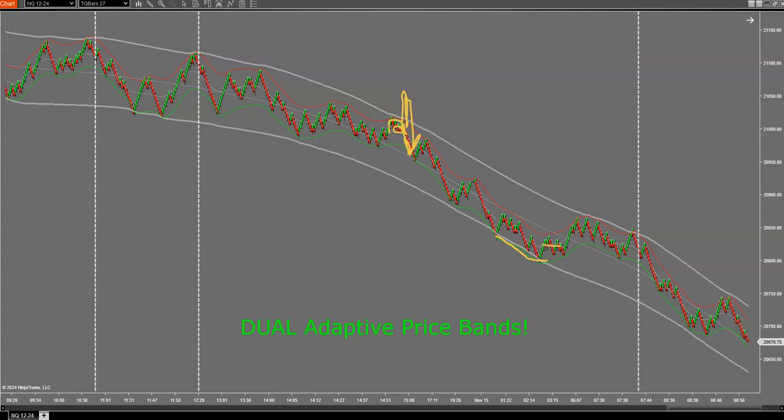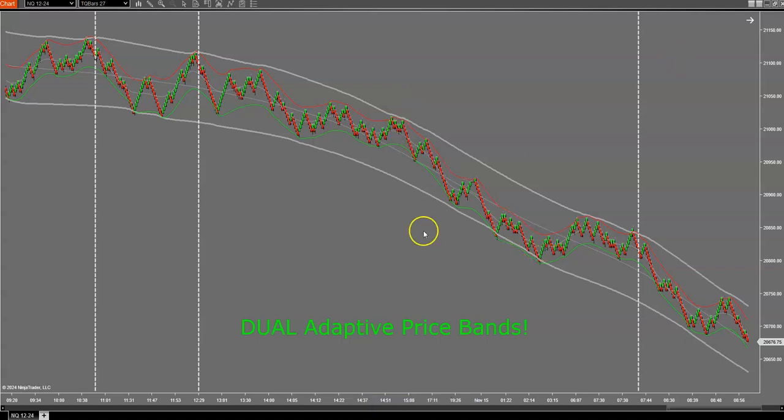As it's crossing above, that can be utilized as an exit point too. So there are many different ways you can use the dual bands, not only for actionable trade setups, but to look at the market from a higher time frame perspective and use it on a lower time frame for an actionable trade entry chart.